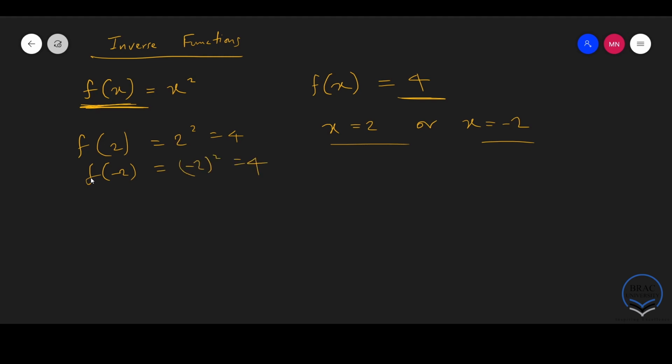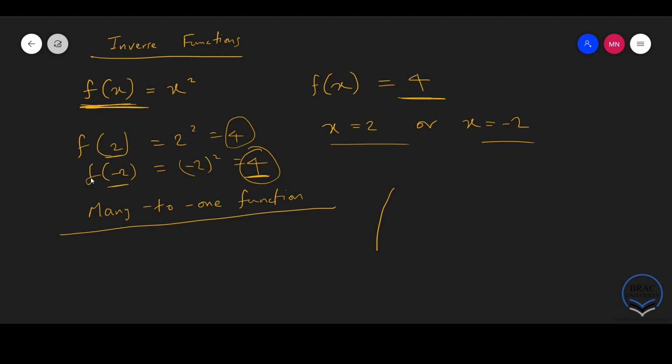So when we have multiple values of x giving us the exact same output, this is known as a many-to-one function. Once again, this still satisfies the definition of a function because each of these inputs is still giving us only one output. We can use sets to explain this.